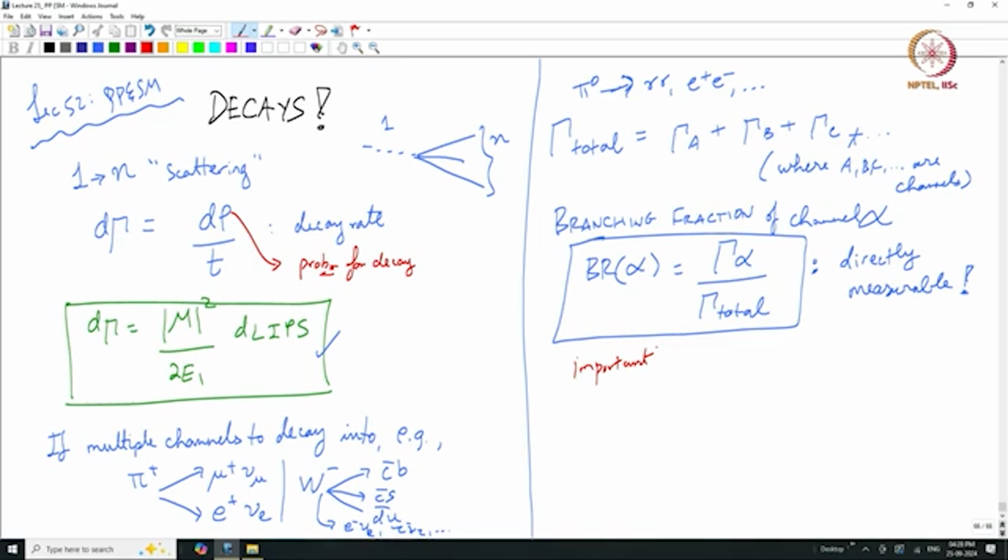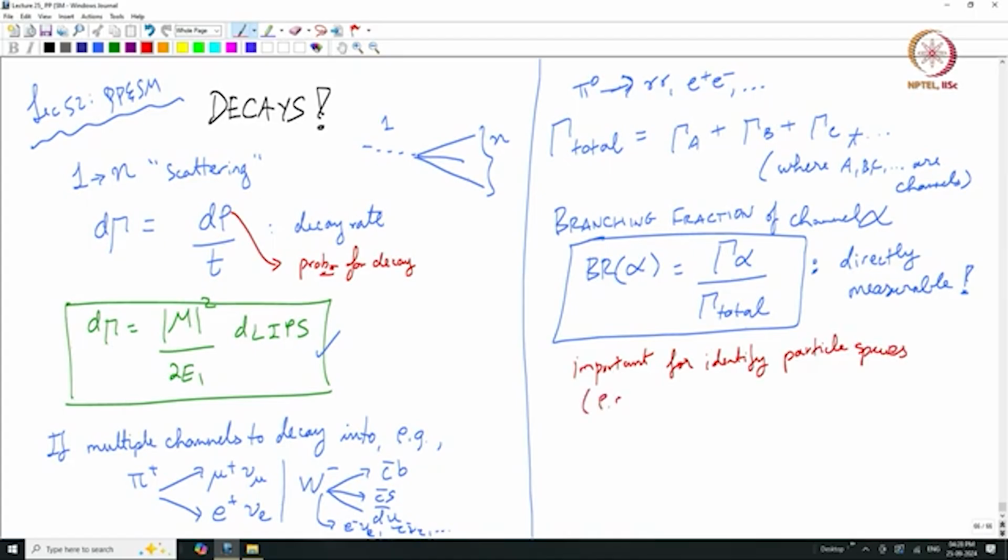The exact branching fractions to the final states is an important fingerprint to identify particle species.